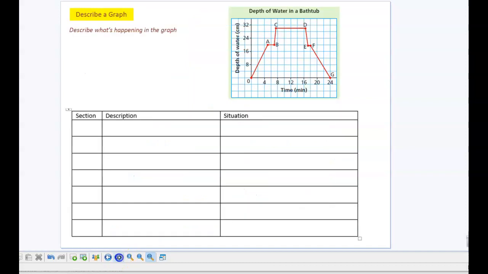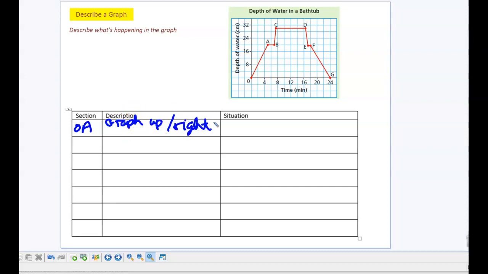All right. Again, pause the video and give this one a try. Okay, I'm hoping you had a chance to try this one. And let's describe the sections here again. In section OA, the graph is up and to the right.